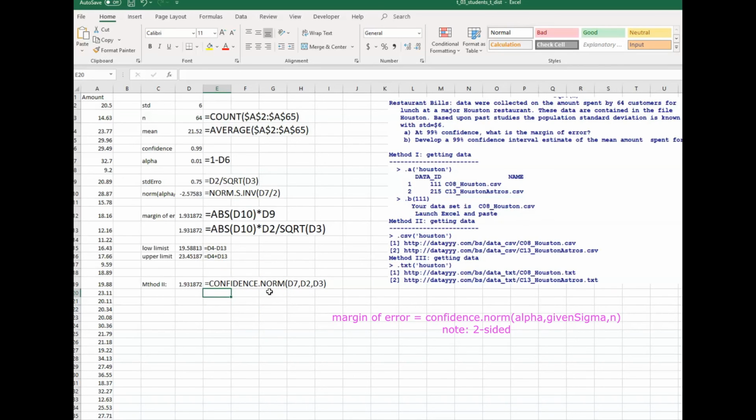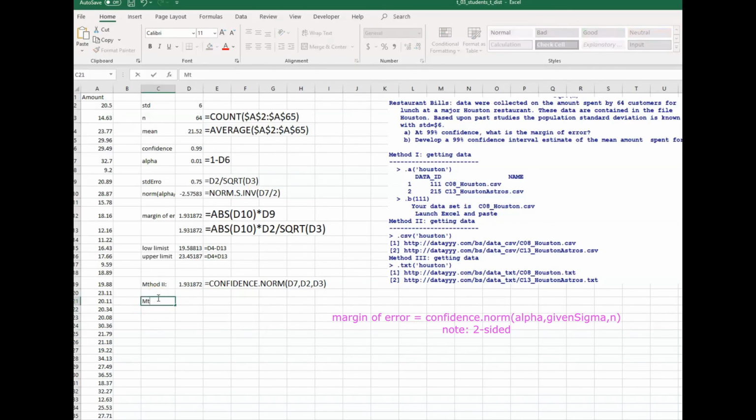We apply the normal distribution when sigma is given. The first input value is D7. D7 is confidence, so D7 is alpha. So this is alpha, standard deviation, and n. So this is method 2.